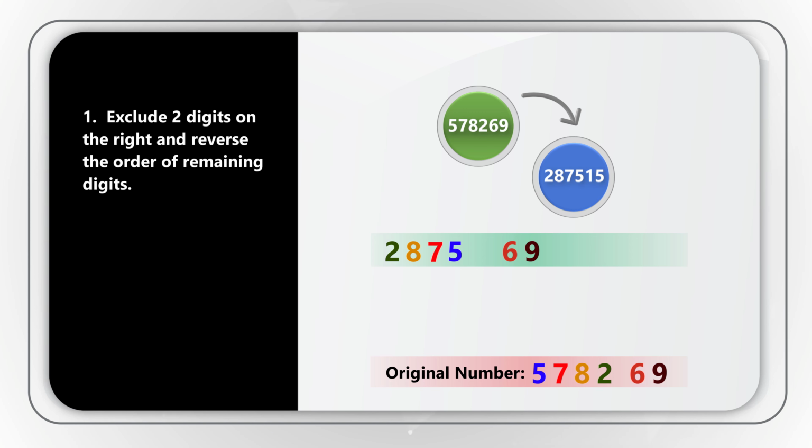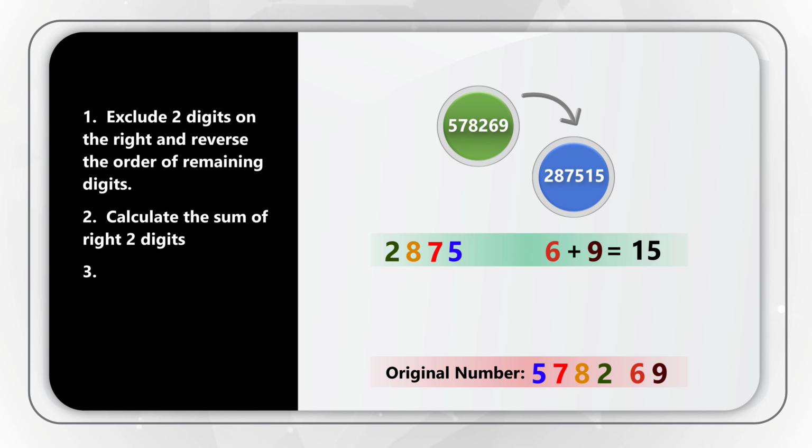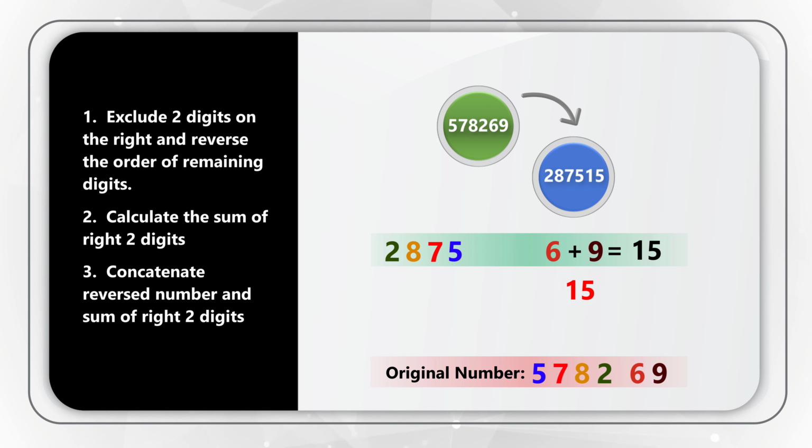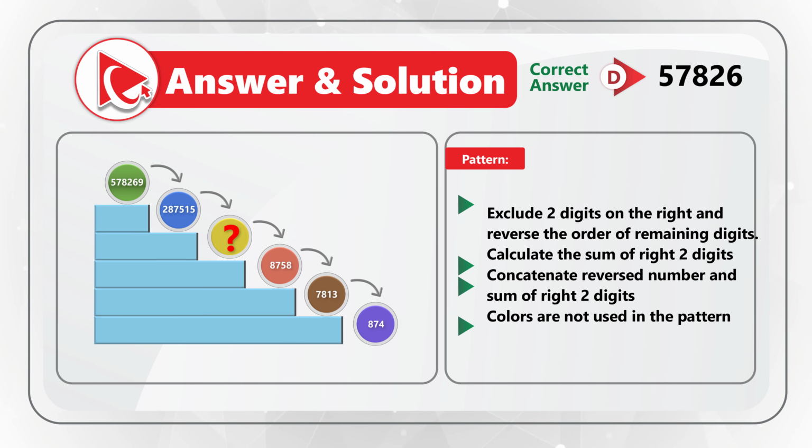And the calculations are very simple. We basically add 6 plus 9, and end result of it is 15. Then we concatenate 2875 and 15. So the end resulting number is 287515. As ball continues rolling, we repeat the calculations and get to the answer of D, 57826.